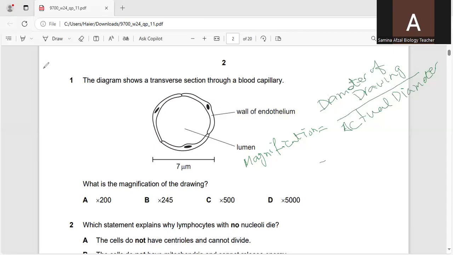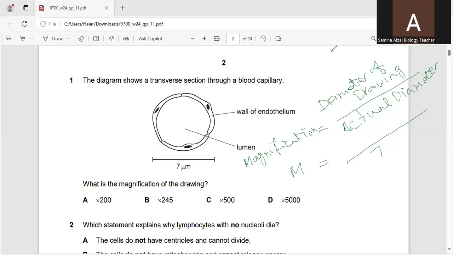So magnification M is equal to, they have given us the actual diameter, which is 7 micrometer. So we have to find out the diameter of the drawing, and the diameter of the drawing can be measured by measuring this line from here to here, and I have measured it. It is 35 millimeter.